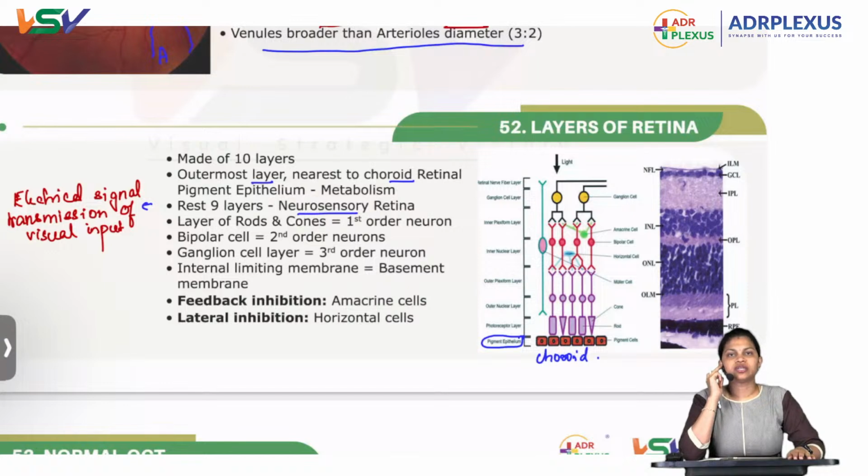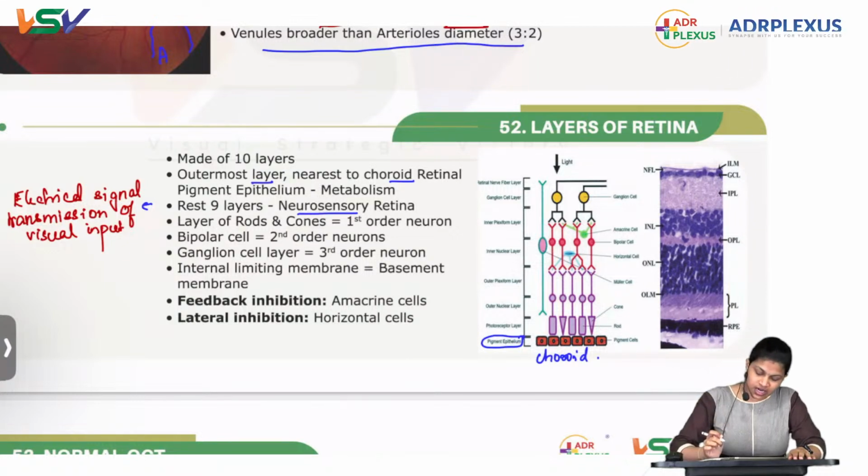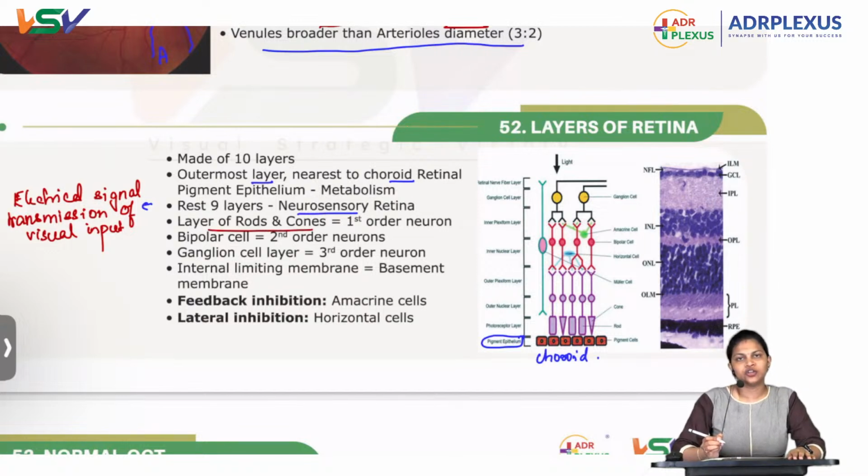Whenever there is neural transmission, you know that there are 3 orders of neurons in the neural pathway: a first order neuron, a second order neuron, and a third order neuron. In the retina, the first order neuron is the layer of rods and cones, the initial part which absorbs the light. The second order neuron is the bipolar cells; remember, bipolar is second order.